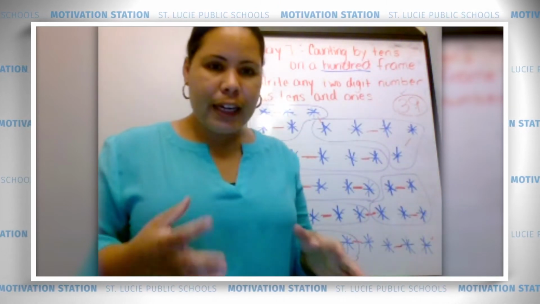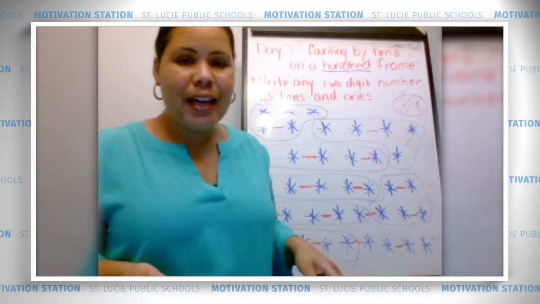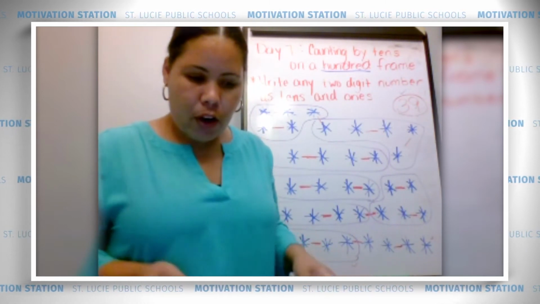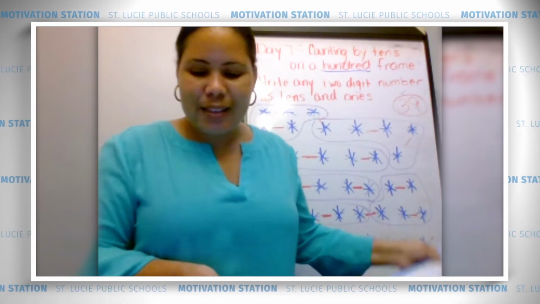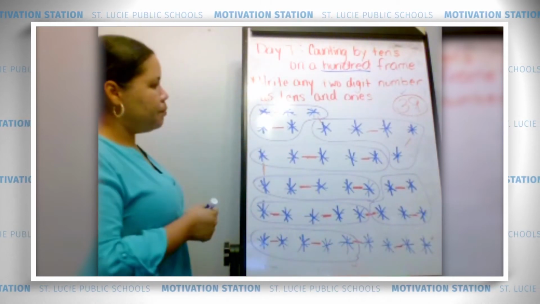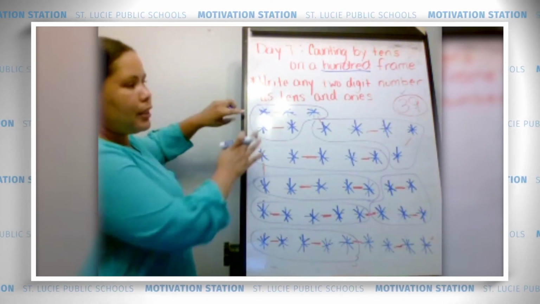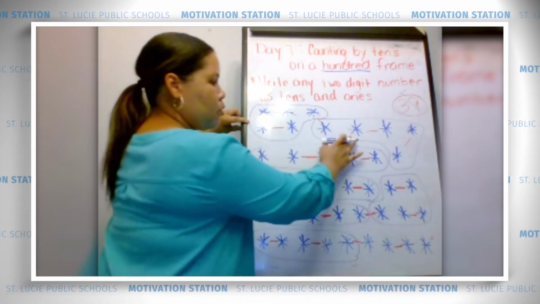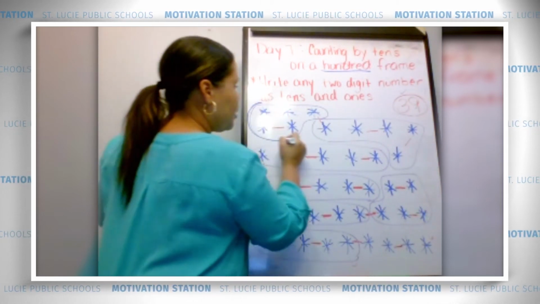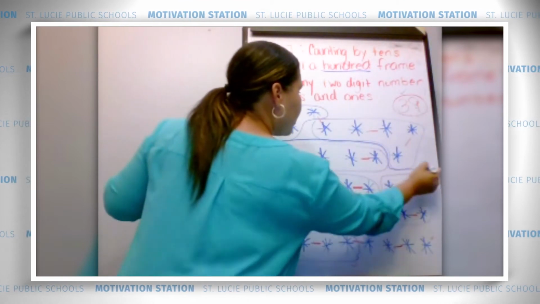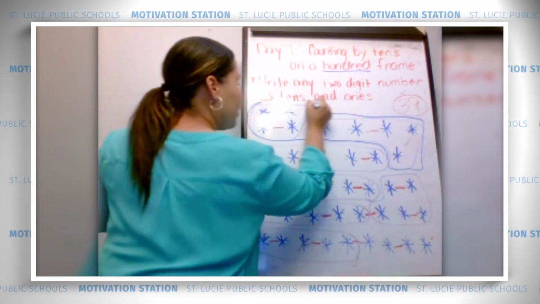What about if I count them by 10s? Remember in our 100 frame when we were counting by 10s? This group of 5 and this group of 5 can be combined to make a group of 10.